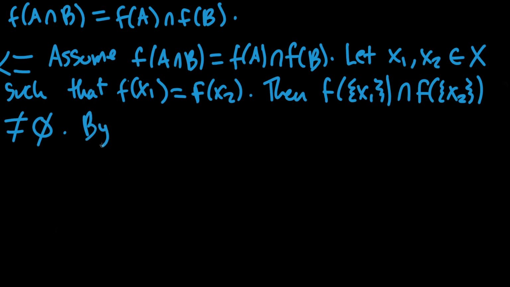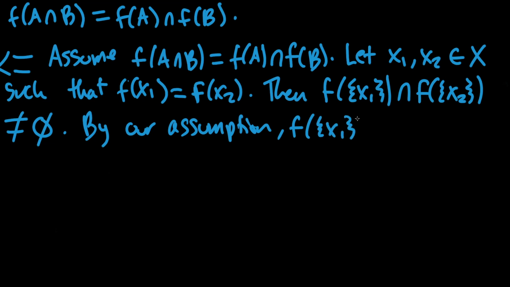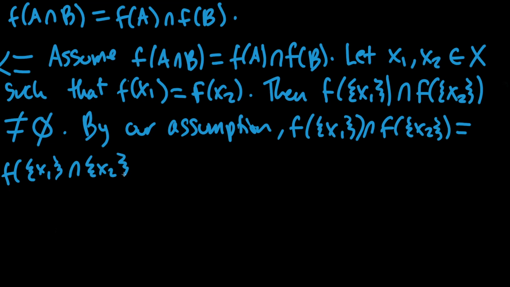So by our assumption, f of x1 intersect f of x2 equals f of x1 intersect x2, which is not equal to the empty set. So we can actually make another conclusion from this. The image of the intersection of x1 and x2 is non-empty.